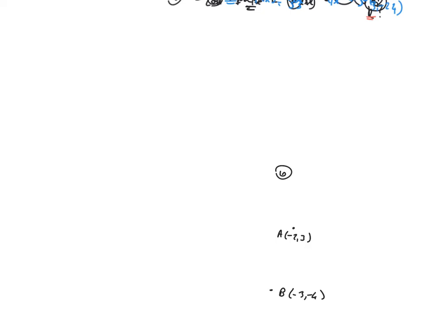And C's got coordinates of 5, 2. Okay, so just a rough sketch there. Okay, and we're looking for the median AD. Okay, so the median comes from A, and it will cut the opposite line then in the middle.